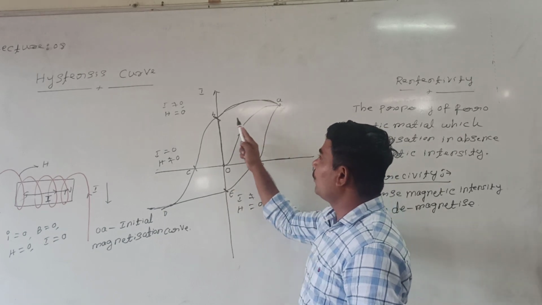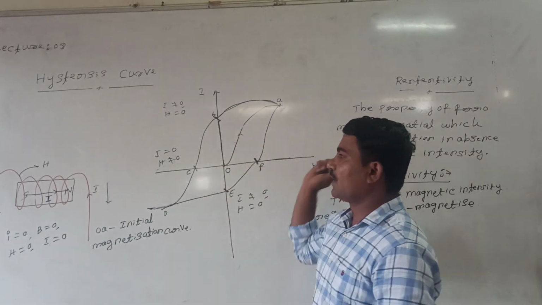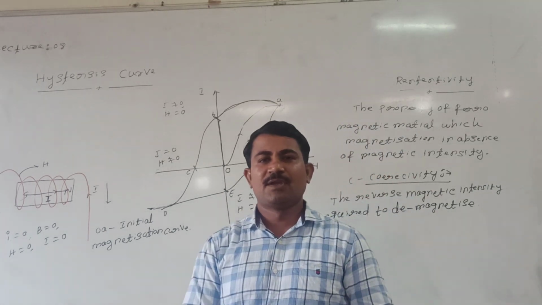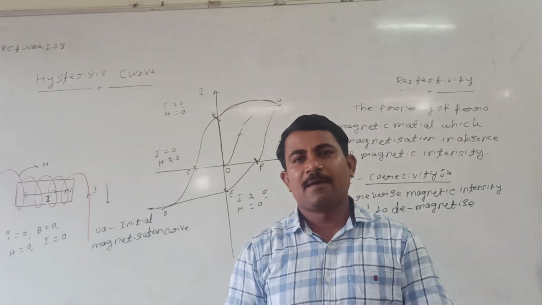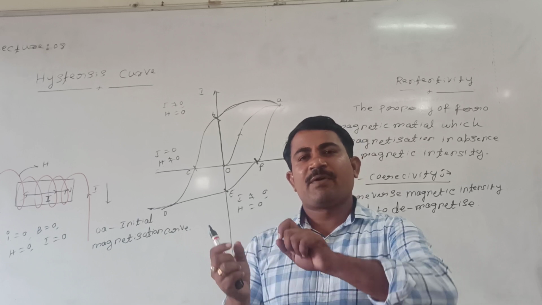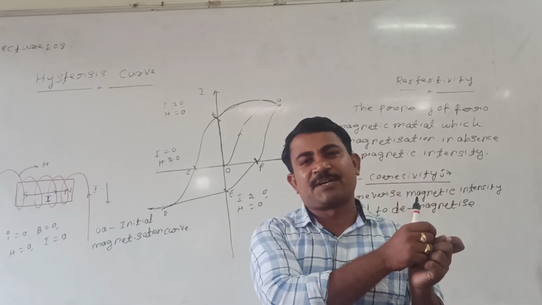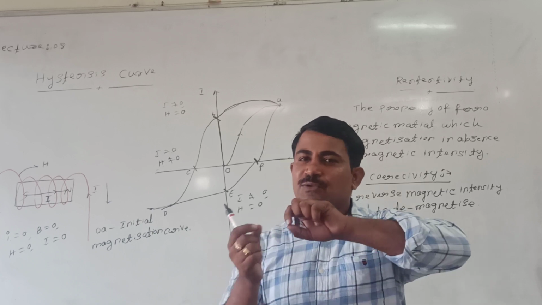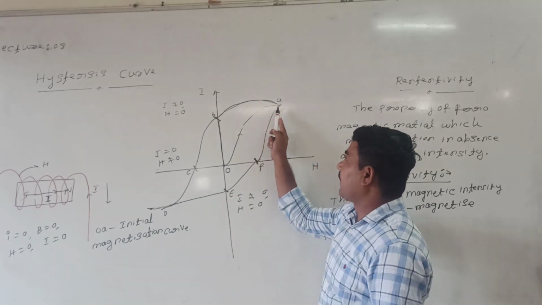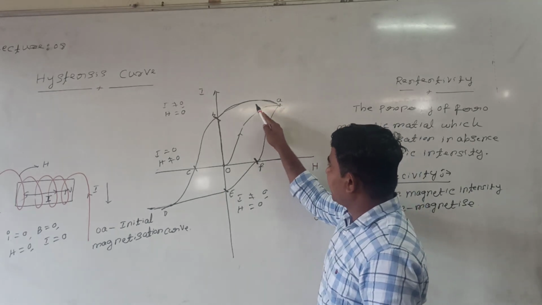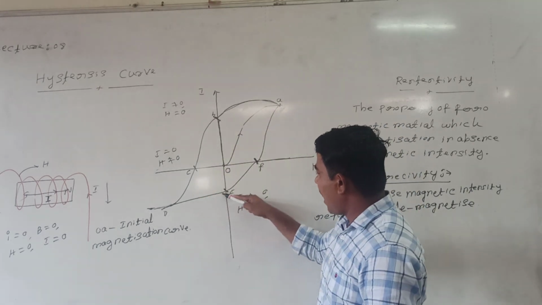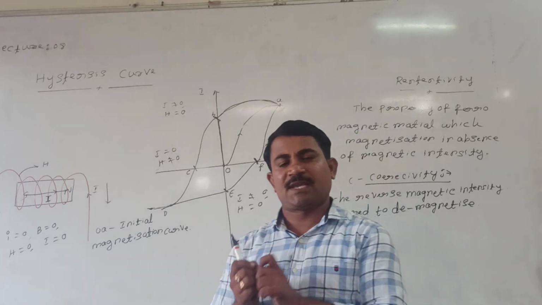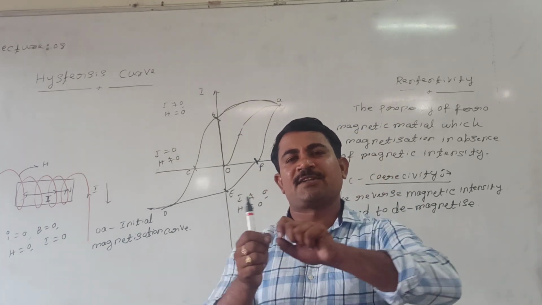This loop we are calling the hysteresis loop, and this cycle we are calling the magnetization cycle. Magnetization cycle indicates that a ferromagnetic material is subjected to a series of changes and brought back to its normal state. That we call the hysteresis cycle, or the magnetization cycle.